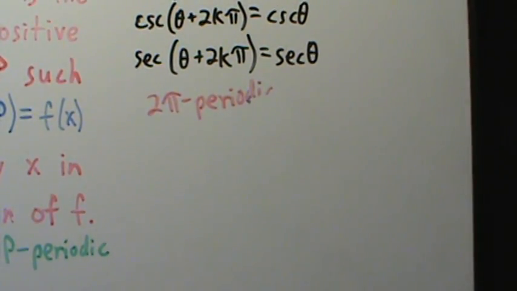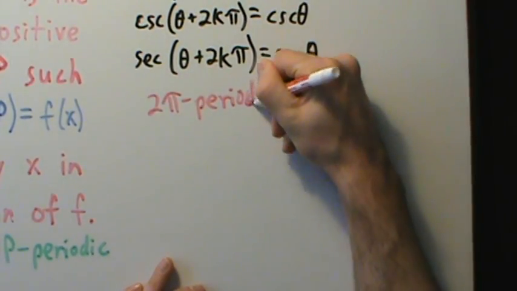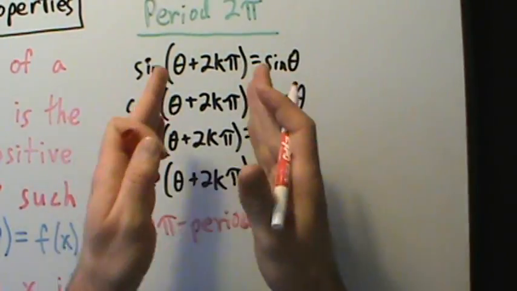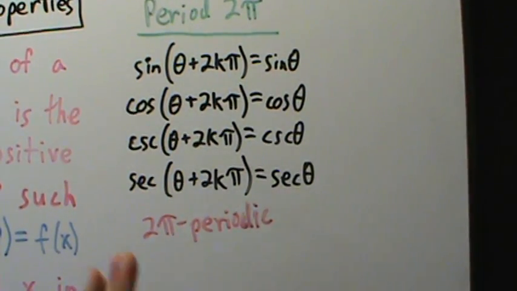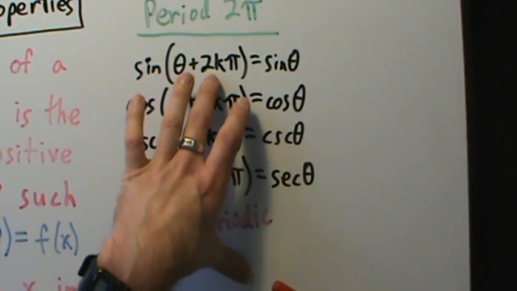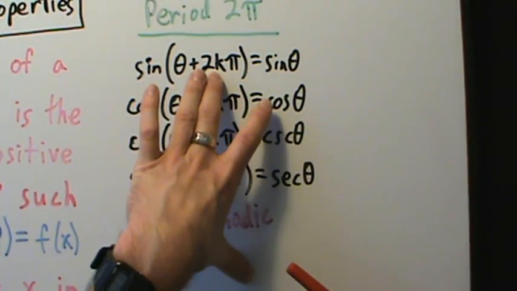Okay. Oh, by the way, we just kind of glossed over the fact that for these 4, 2 pi really is the smallest such number. It's kind of hard to prove that in general, but you could just try evaluating it with smaller and smaller numbers, less than 2 pi, but you can just kind of tell from the definition of the unit circle.